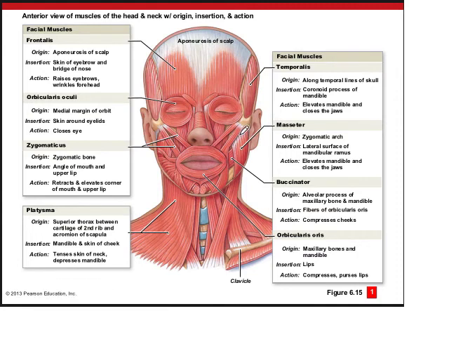Let's use blue. So we can start at the top, and we have here the temporalis muscle. I'm tracing it for you here. I'm sorry, not the temporalis, but the frontalis muscle.